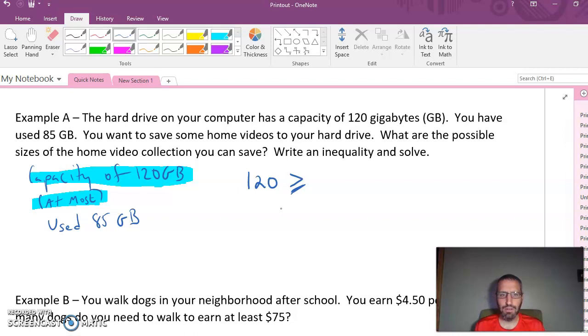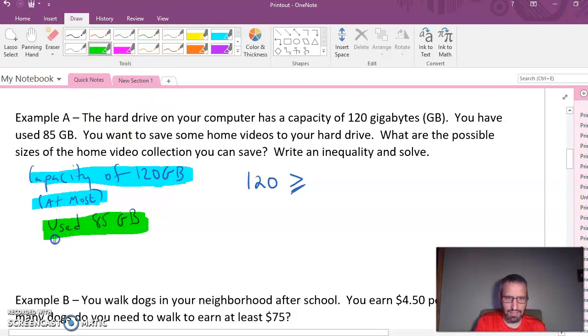Now, let's take our second bit of information here. We've used 85 gigabytes so far. So we've got 120 gigabytes over here on the left side of our inequality. And since we've already used 85 gigabytes, I'm going to go ahead and say that we have 85 gigabytes that we've already used.